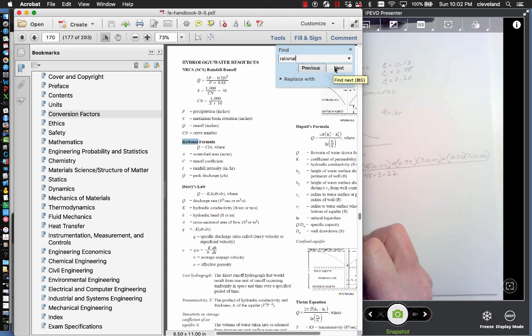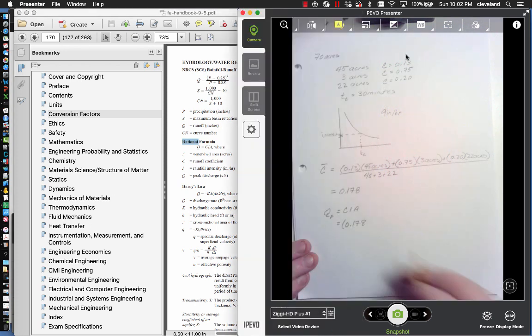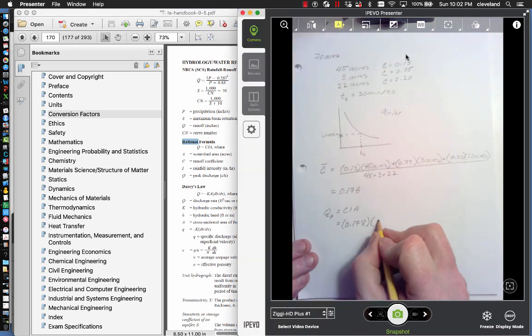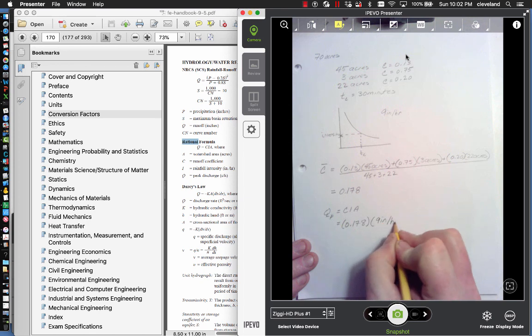In this case, C is 0.178. Our intensity is 9 inches per hour.